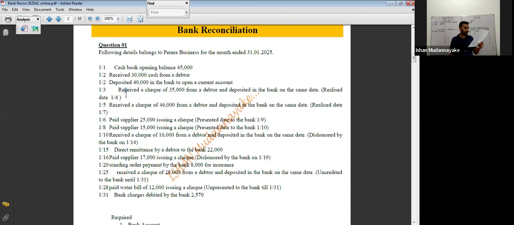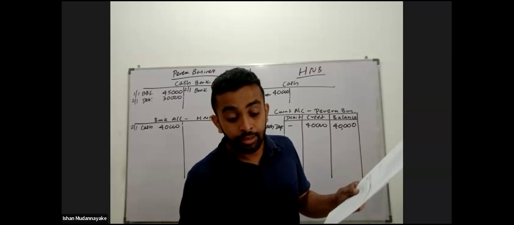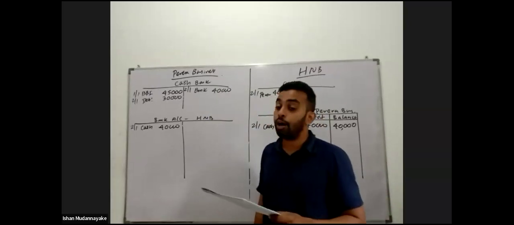Here, Pereira business collected a 35,000 check from a debtor. If the Pereira business organization received a 35,000 check, how do they pass double entries?